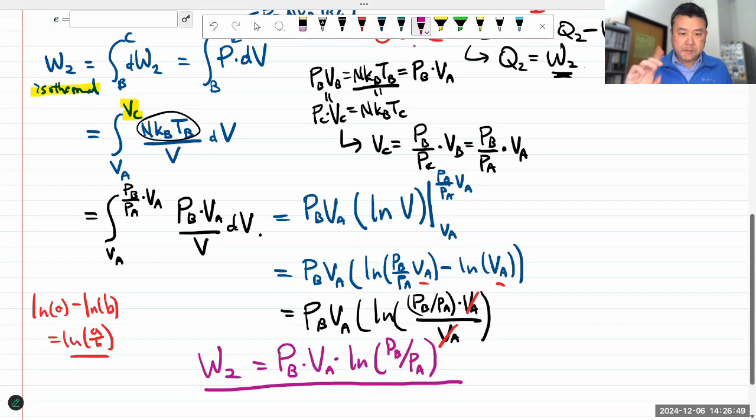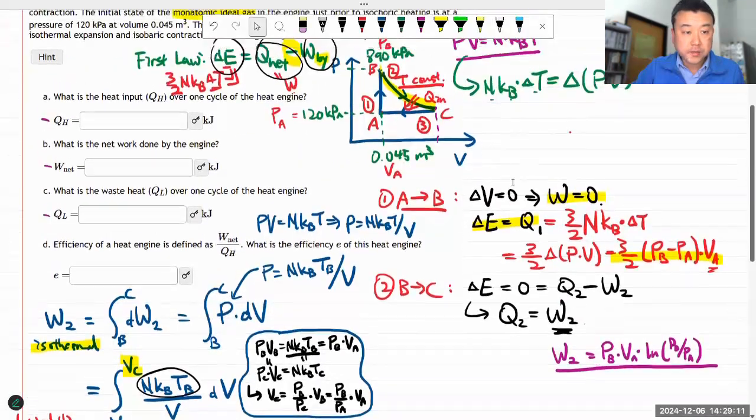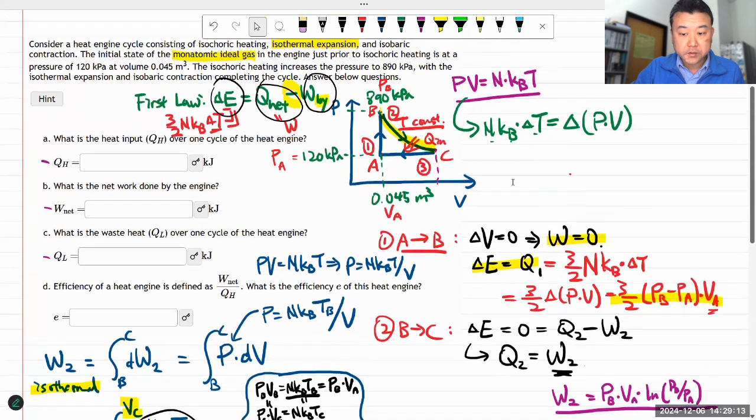Let me copy this up and organize my work so that I have space to write the rest of the stuff. All right, so that's process 2, I think. I worked out the amount of work being done, and that will also give me the heat transfer, and the change of internal energy is 0, and those are the 3 quantities in the first law.